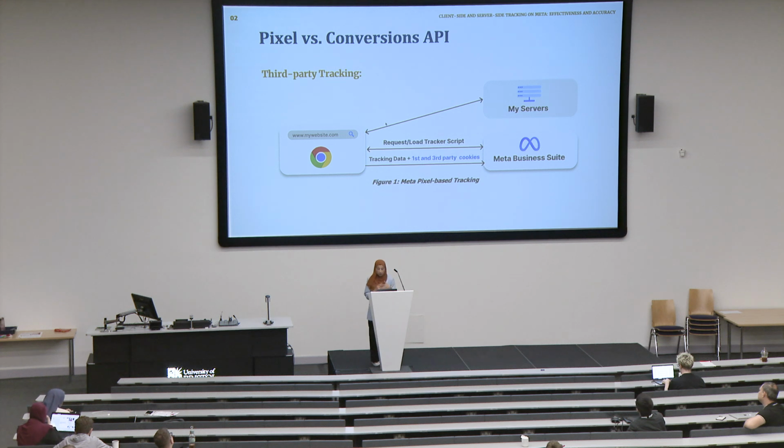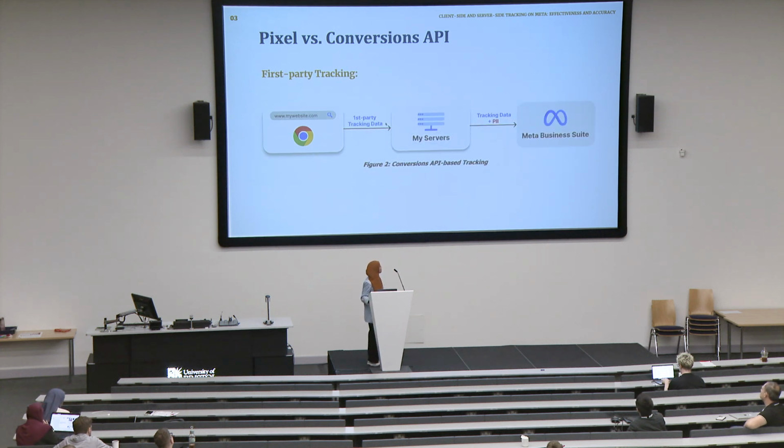Okay, so with the deprecation of the third-party cookie, we see an emergence of a new tracking technology, which is the Conversions API. Now, with the Conversions API, the tracking script and logic has shifted to the servers. So now, when an internet user accesses my website and interacts with it, the interaction data is communicated from the browser to my own servers.